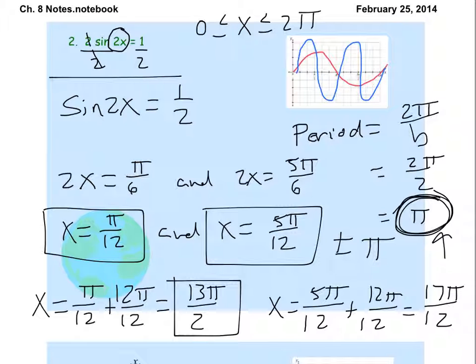That's less than 2 pi. I'll take that one. If I were to do it again, I would see the next solutions take me outside of 2 pi. But adding or subtracting 2, or in this case pi, will give me all the other solutions that I need.